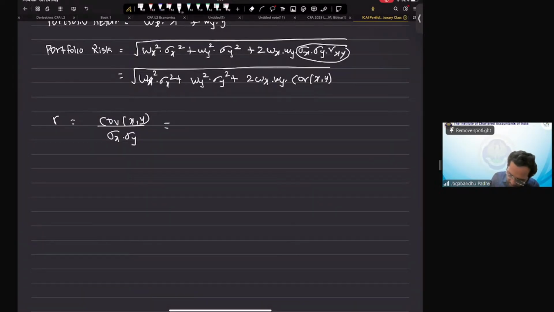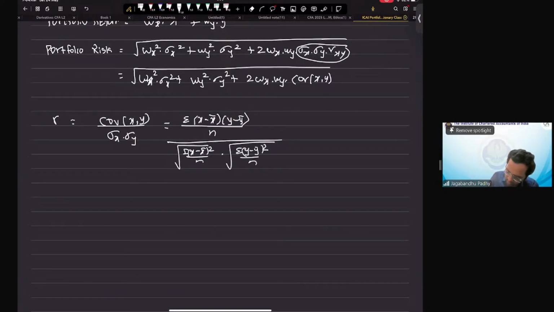So this can be further stated as covariance is summation x minus x bar into y minus y bar upon n, and then the whole divided by root of summation x minus x bar the whole square upon n, and summation of y minus y bar the whole square upon n.